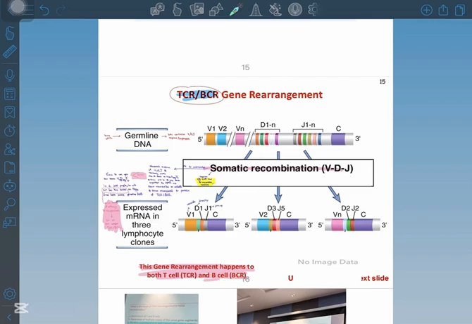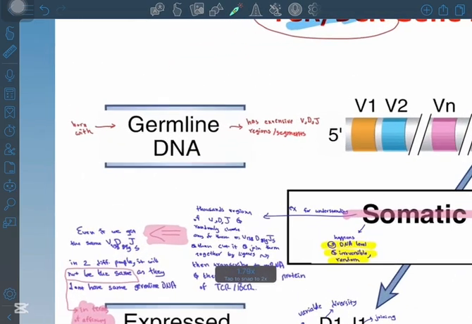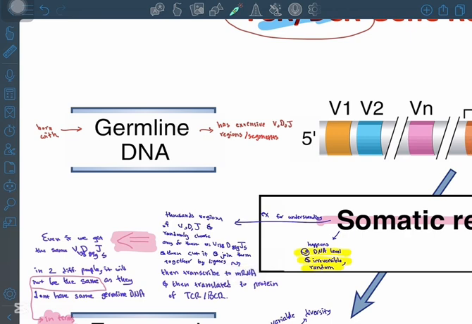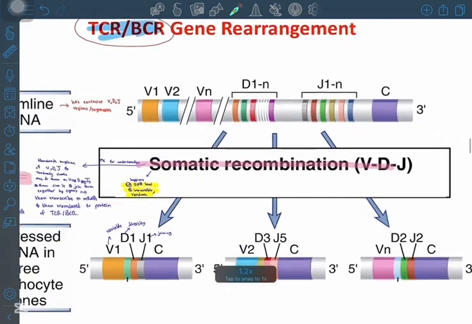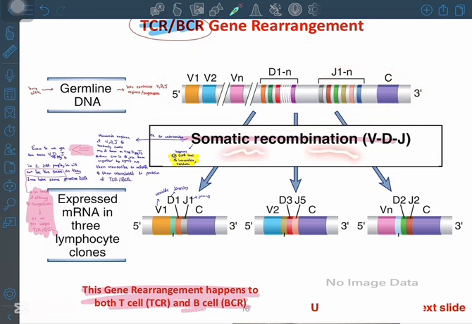Now, the TCR and BCR gene rearrangement. What do I benefit from this? First, I want you to know the germline DNA, which is basically what we are born with. In germline DNA, we have extensive VDJ regions or segments. When we're born with this, later on we're going to have somatic recombination, which is like choosing. I'll give you an example: I have 3 shirts and 3 pants, all with different colors.